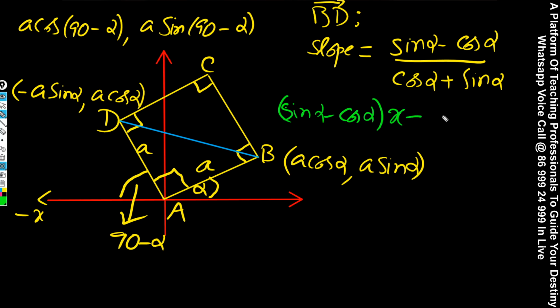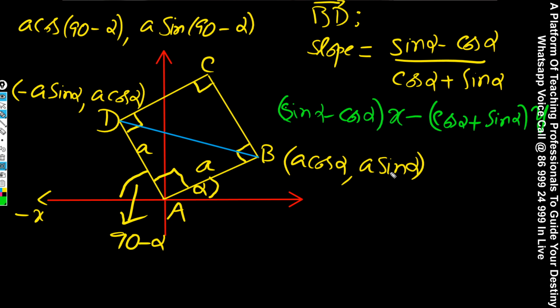Because you have plus here, put minus here: cos alpha plus sin alpha into y is equal to, substitute the point, either this or that.